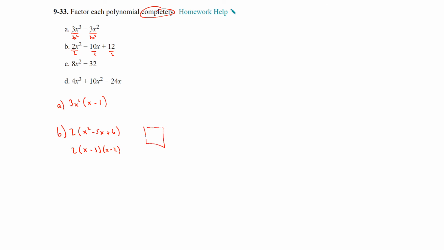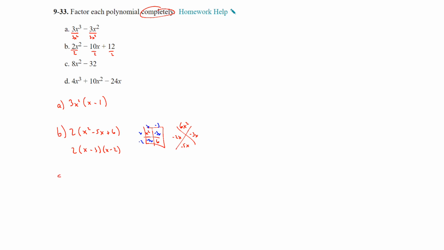Once again, thinking about your generic rectangle, x squared and 6, knowing what factors are going to multiply to give you x squared, but add to give you negative 5x, which would be negative 2x and negative 3x. And so it works out to be x minus 3 and x minus 2. And remember, you put those back in here, and then x, and minus 3 and minus 2. So that's where those came from.